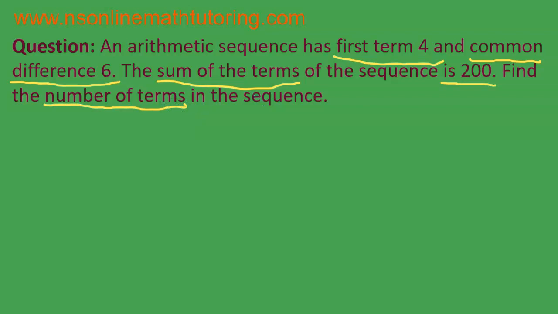There are a certain number of terms in the arithmetic series, which has the first term as 4 and the common difference as 6, and we have to find the number of terms included in that arithmetic series to get the sum total as 200. Okay, so let's start with our answer.